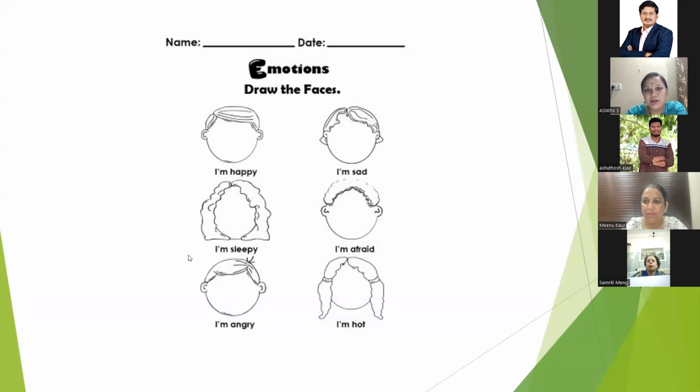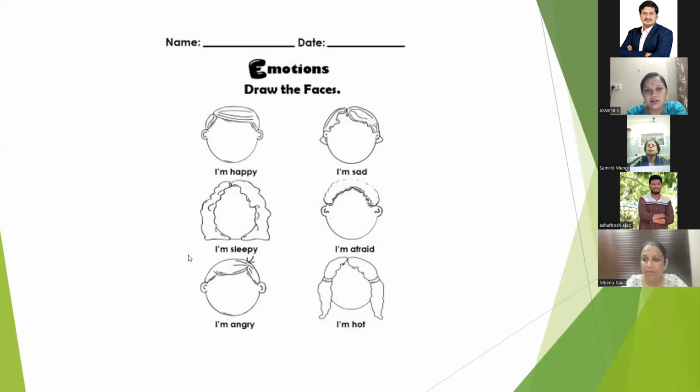Samriti ma'am is showing? Yes, ma'am. But we can't see it, ma'am. Can you lift the paper and show? Okay, I'll do it once again. Is it visible now?